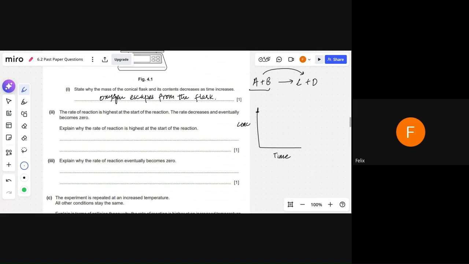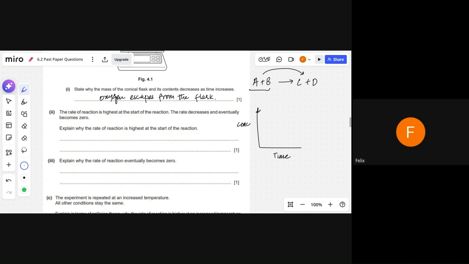As the reaction proceeds and the products start to appear, the mass on this side is being converted into these products. According to the law of conservation of matter or mass, matter can neither be created nor destroyed. So the mass and atoms remain the same. They just get converted into another form.